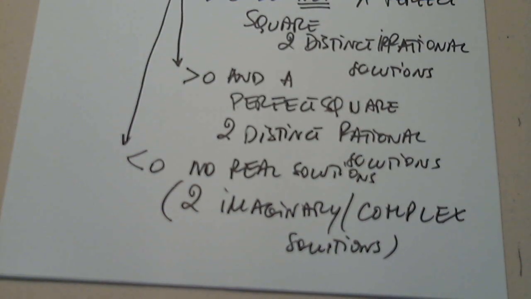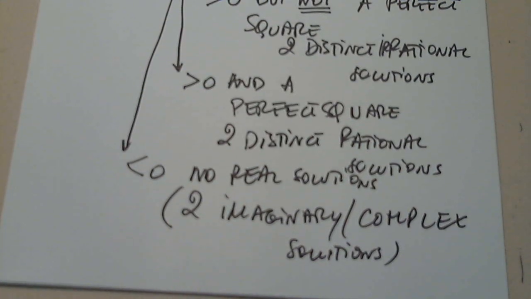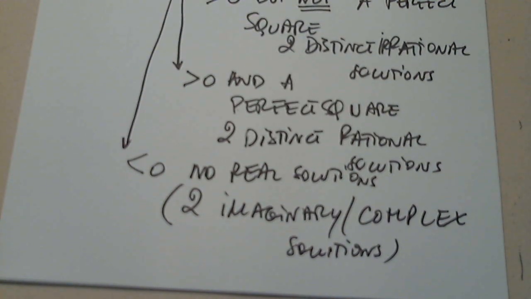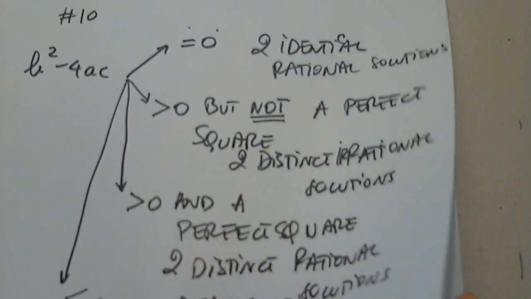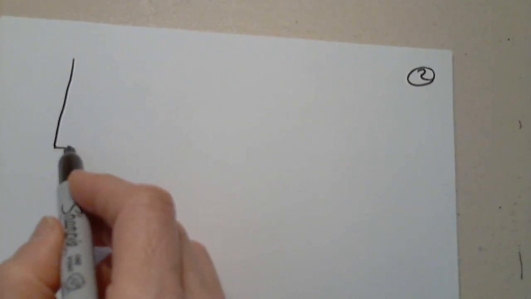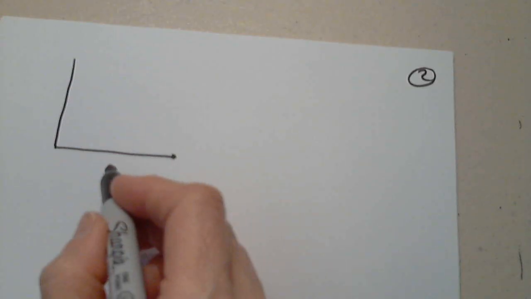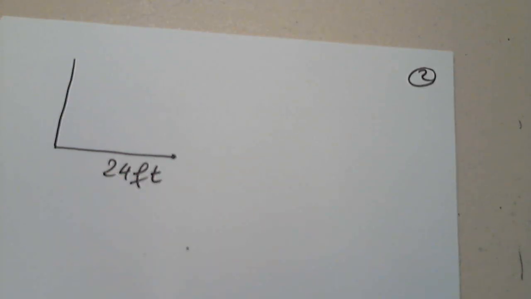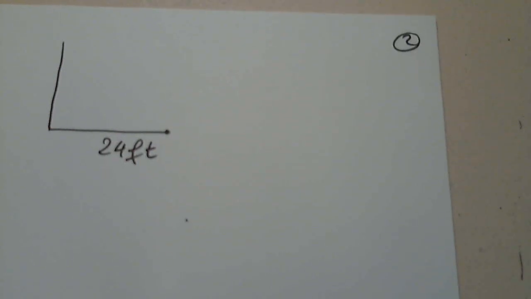So at a point on the ground 24 feet from the base of a tree. Good. So this is the tree, and we know something is here, 24 feet. Okay, so let's continue reading.